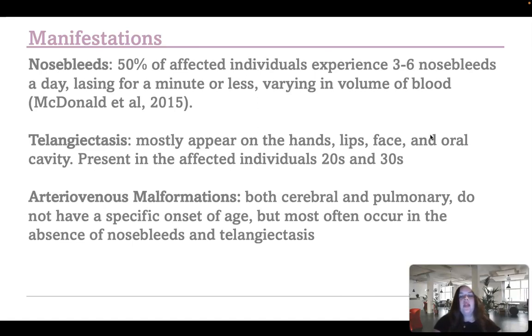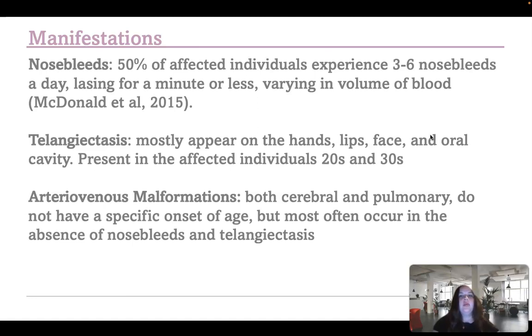And then blood, it will either be like a slow drip or gushing. The next manifestation is the telangiectasis, which mostly appear on the hands, lips, face, and oral cavity. Those are just red spots. They can also be seen in some babies that aren't affected by HHT, and those will go away with time, so you should know what the difference is.